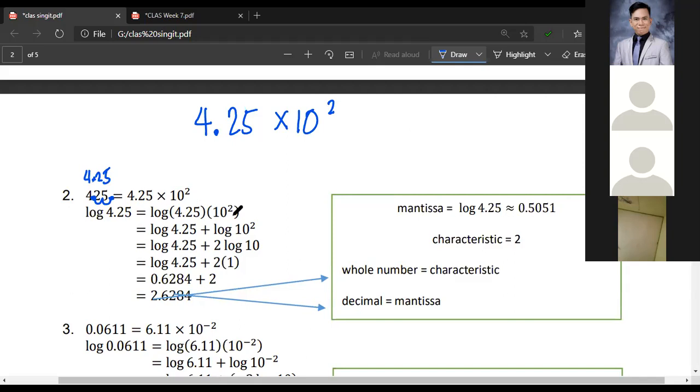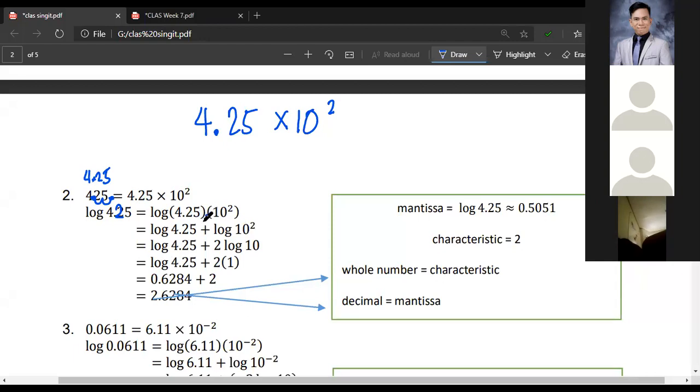Proceed na tayo. So, ipalitan natin si 425 ng 4.25 times 10 raised to 2. So, palitan natin si logarithm of 425 ng logarithm of 4.25 times 10 raised to 2. Okay? Ngayon, paghiwalayin natin, magiging logarithm of 4.25 plus logarithm of 10 raised to 2 by virtue of product rule.